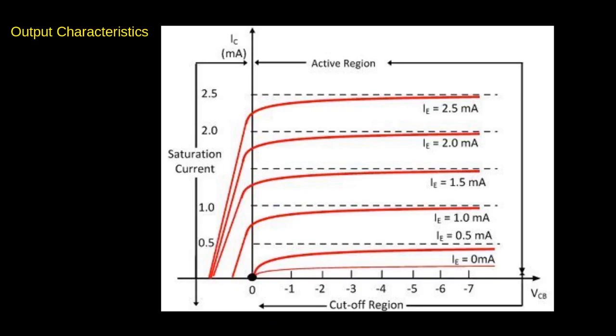In common base configuration of a PNP transistor, we get such output characteristics. Here on the x-axis we are taking the VCB, on the y-axis we are taking the IC.